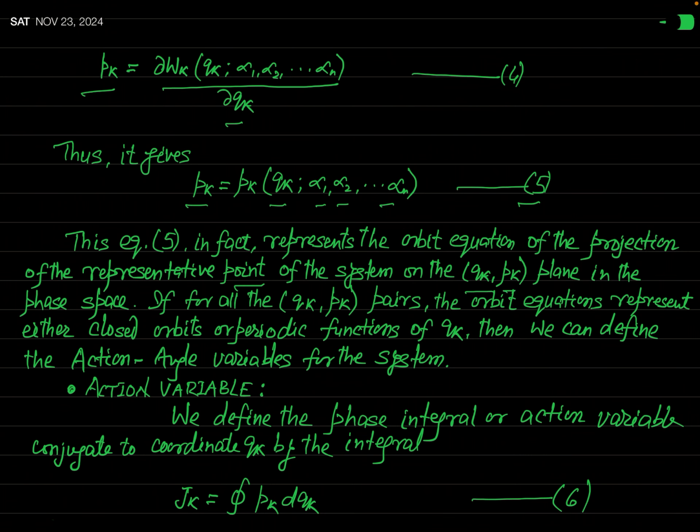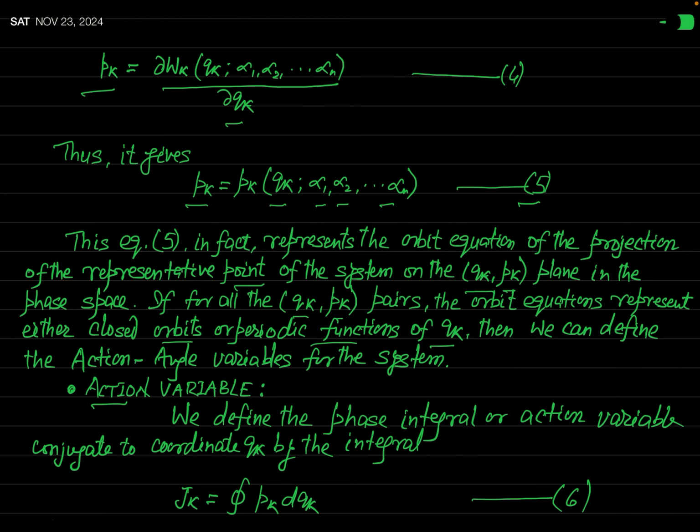In fact, if for all the values of qk and pk, the orbit equations represent either closed orbits or periodic functions of qk, then we can define action angle variables for the system. Now, how can we define the action variable? Let us see.